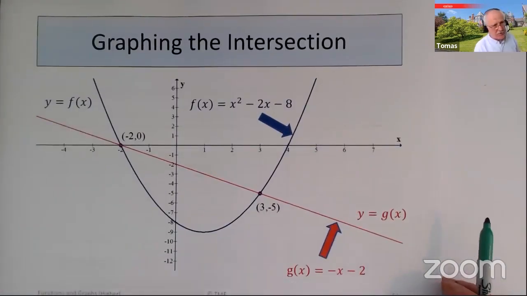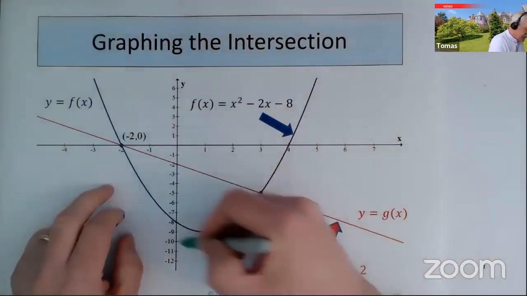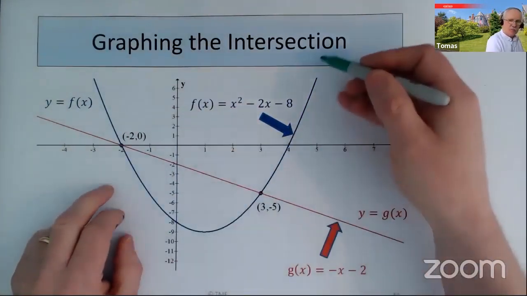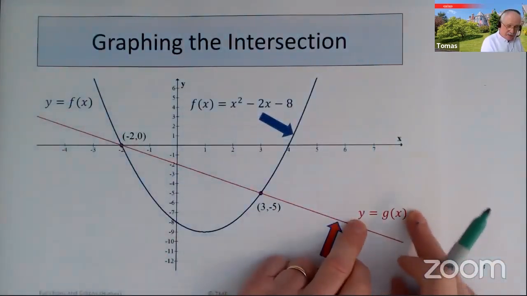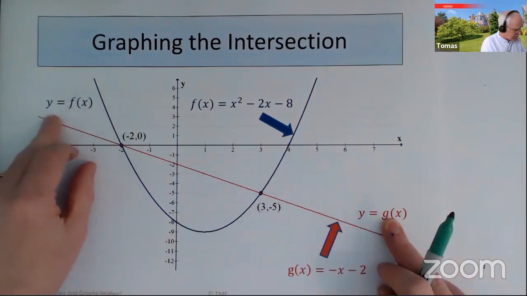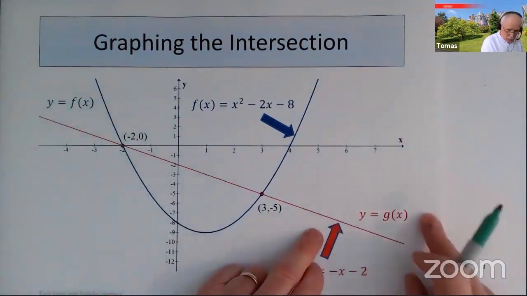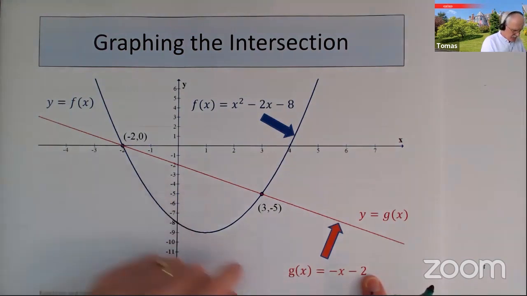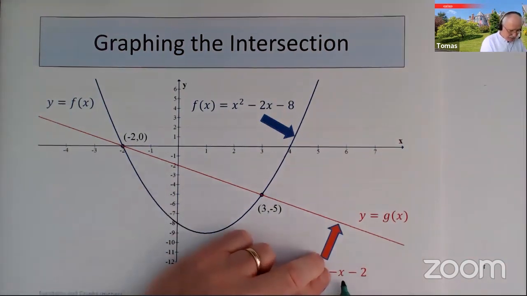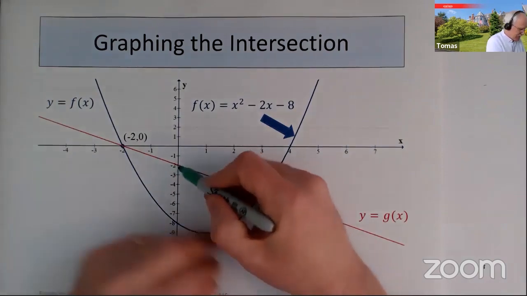If we had drawn it, we would find that this is the f function, the original blue vase that we had, and this was the g function. y is g of x, remember? y is f of x here, so it's the same y, but in this case, g of x is minus x minus 2. So if we put in, say, when x is nothing, this must be minus 2.